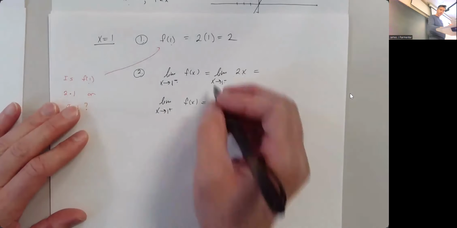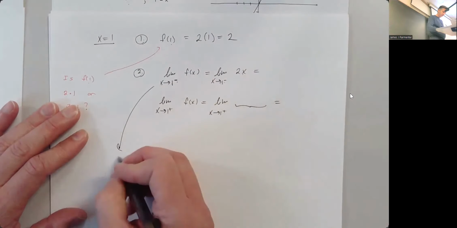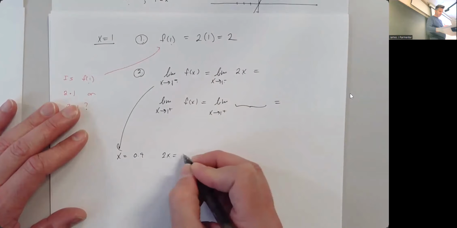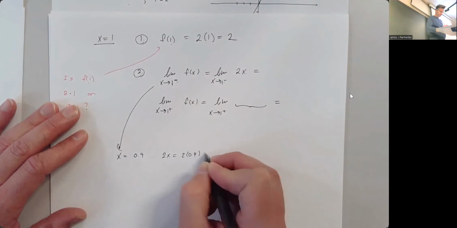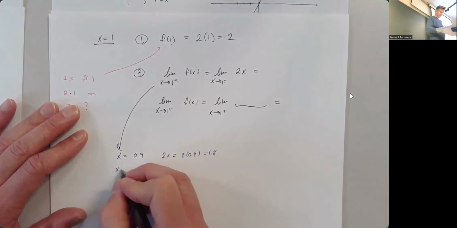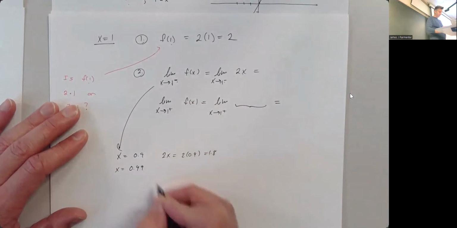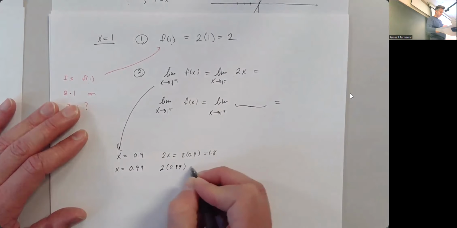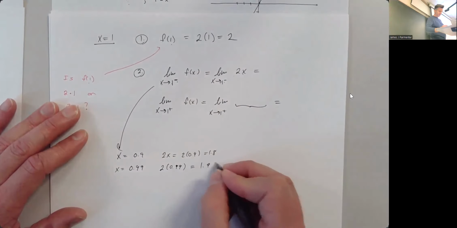So for example here, if x is equal to 0.9, well then 2 times x is 2 times 0.9, which is 1.8. And if x is closer to 1, like 0.99, 2 times 0.99 is 1.98, I think.